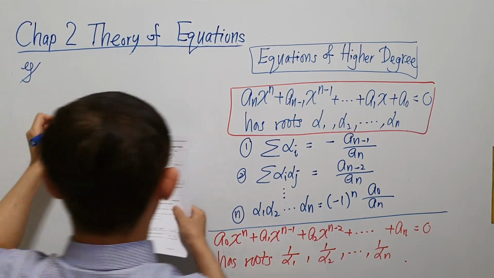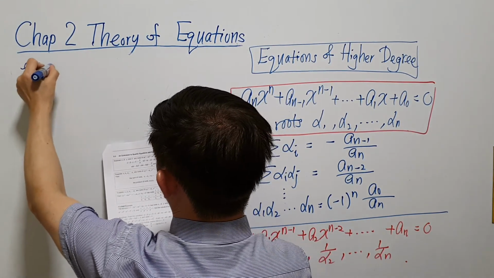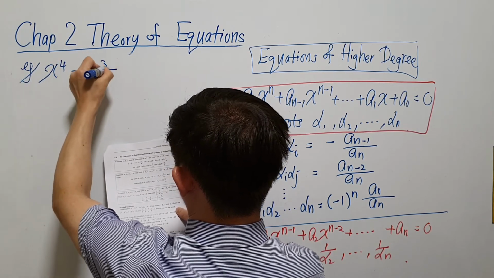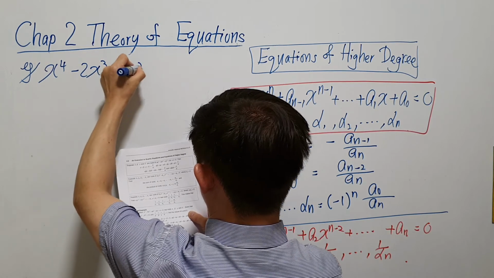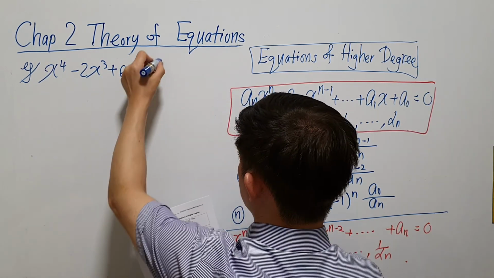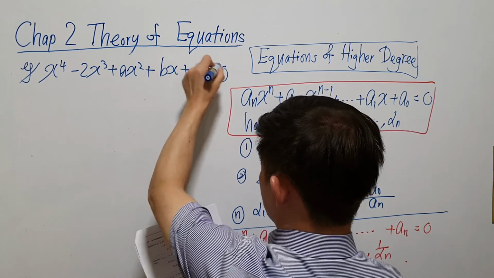You are given this power 4: x^4 minus 2x^3 plus ax^2 plus bx plus 4 equals 0.